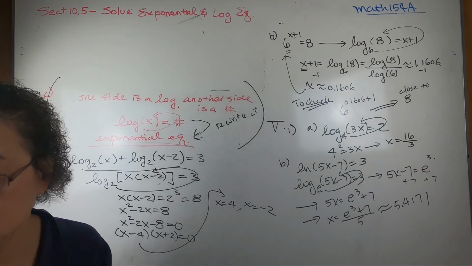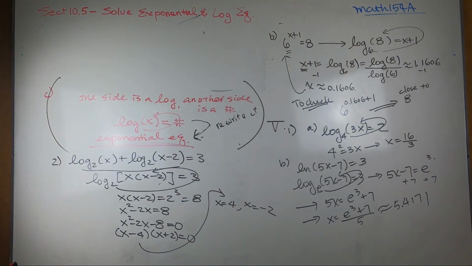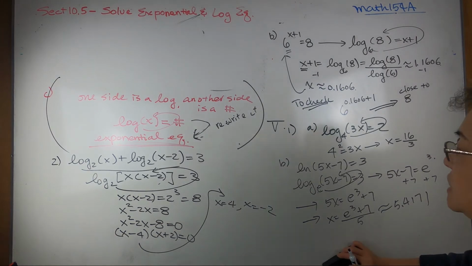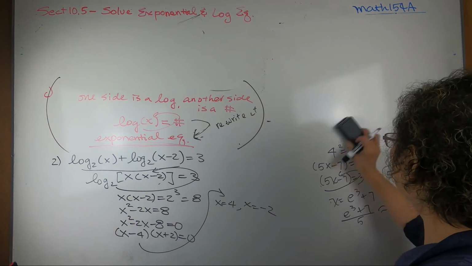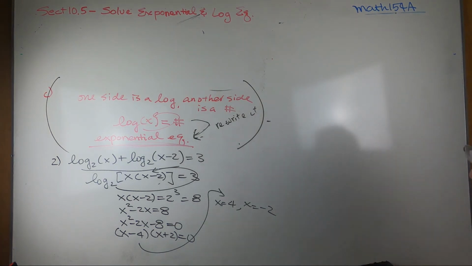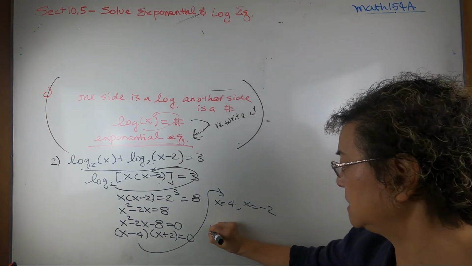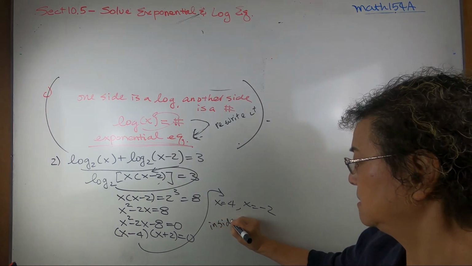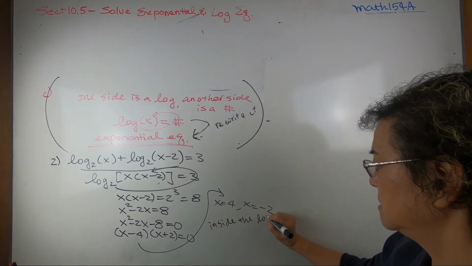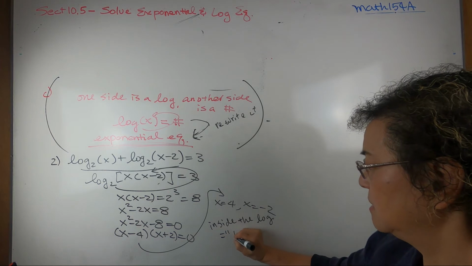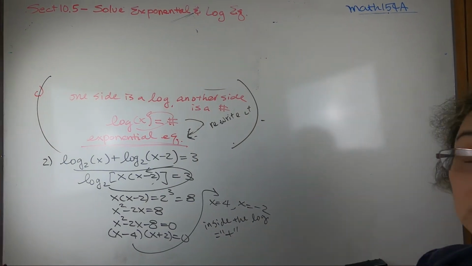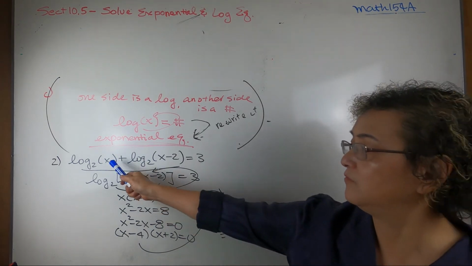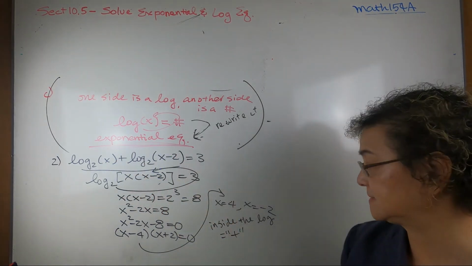However, we said for a log function, there is a restriction. When you have a restriction, you need to check that the inside of the log needs to be positive. So before you circle the answer, can you use 4? 4 minus 2, all positive.